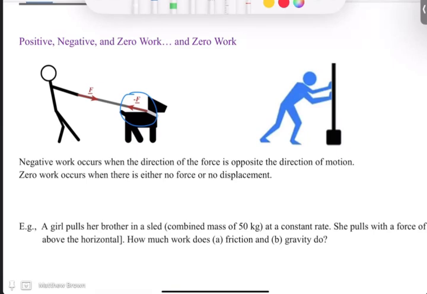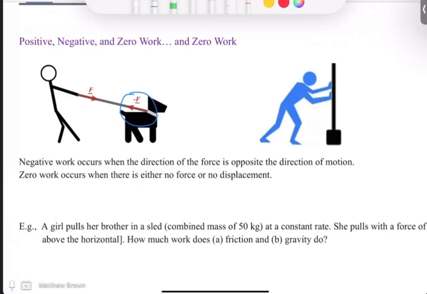Anyone who has walked a dog that pulled you along a little and you were trying to resist the motion, you're applying a force opposite to the direction of motion. Thus, you're doing negative work. The thing is moving, but you're actually impeding it. So it's a bit interesting that it's negative work.